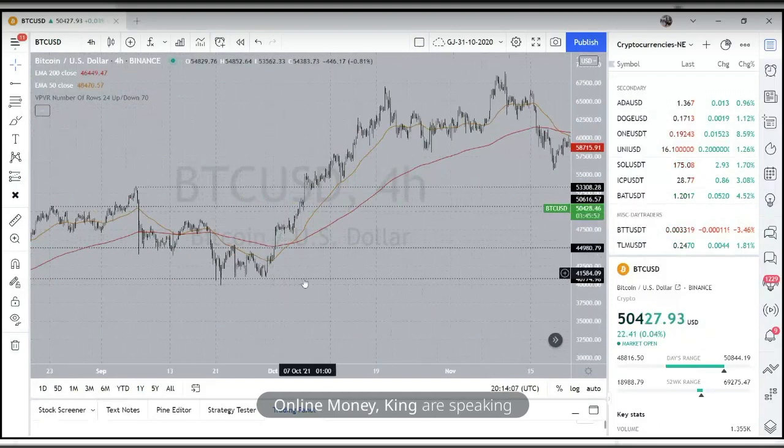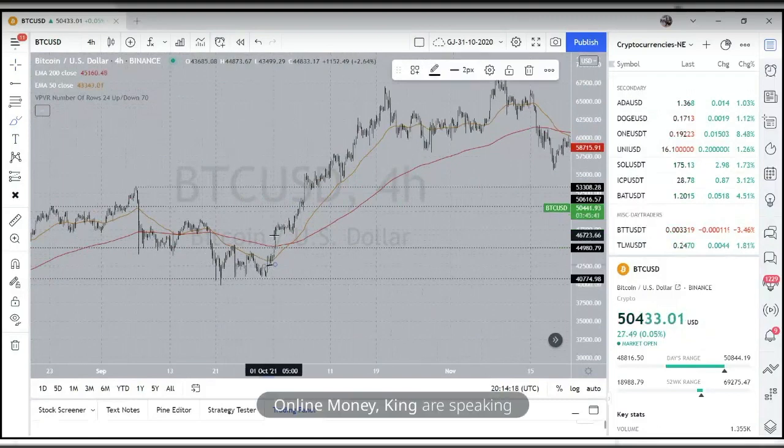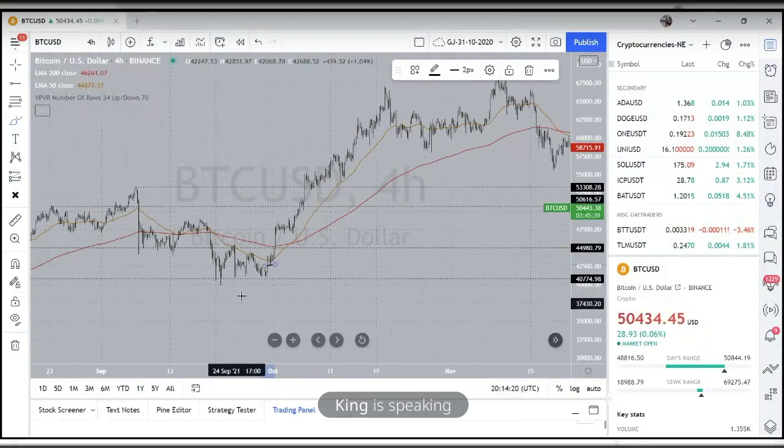You can get those good trades, like down here. You can get a good long just from price getting above the 50 EMA, from like 42k all the way up to 65, 66 or 67k.